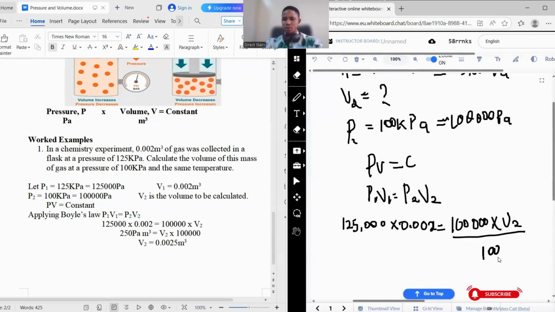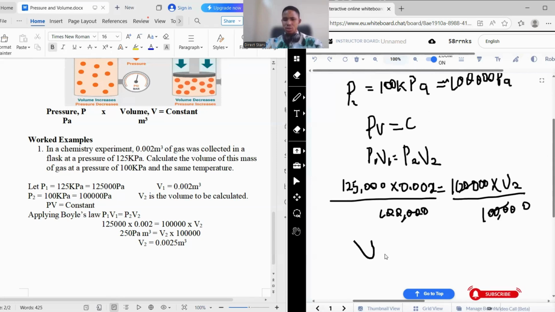So V2 equals 125,000 times 0.02 divided by 100,000, and that gives us 0.025. The volume is measured in meter cube.